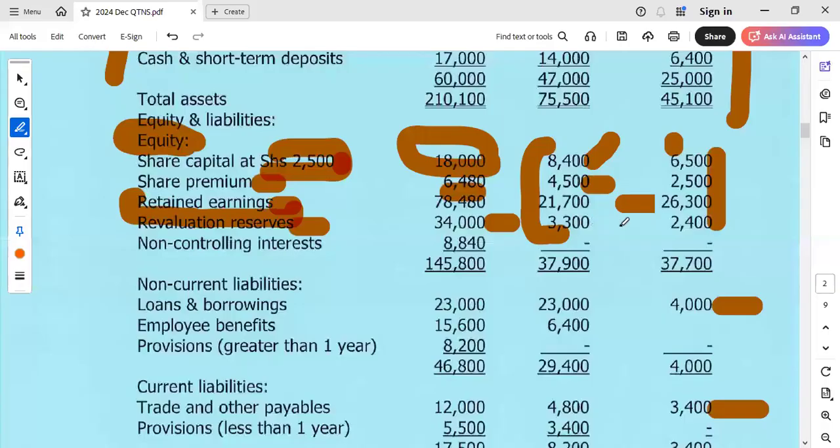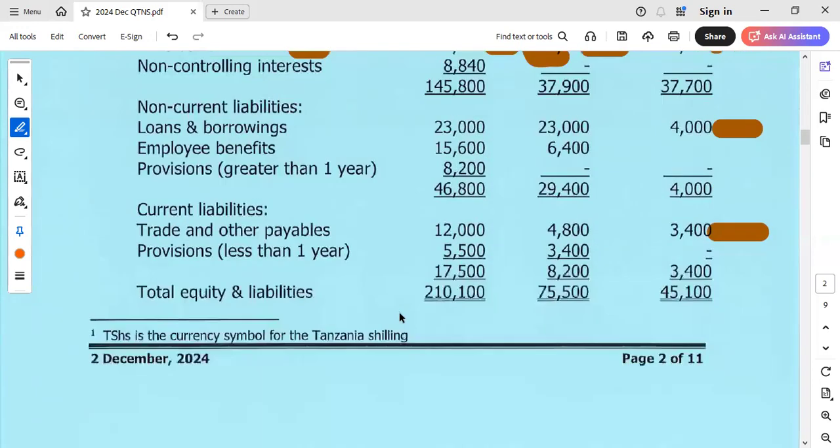Then retained earning. This retained earning is at reporting date. You need the one at acquisition. And how do you get the one at acquisition? Check at the time you acquired.